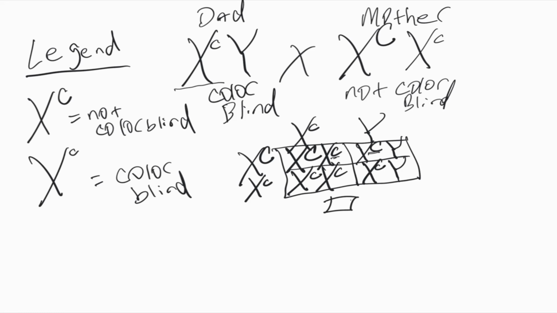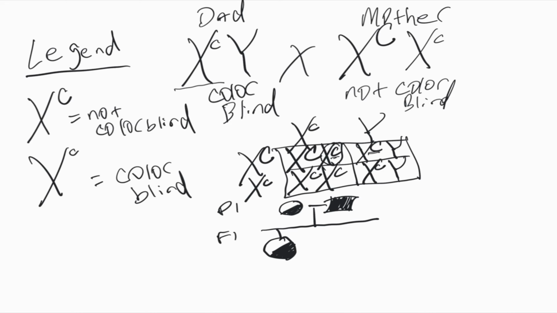Dad, colorblind. He's shaded in. Mom, carrier. Since she's a carrier, she's shaded in. We draw the line, and now let's talk about the kids. Child number 1, female. She carries the trait. Carrier. This is the parent, P1.